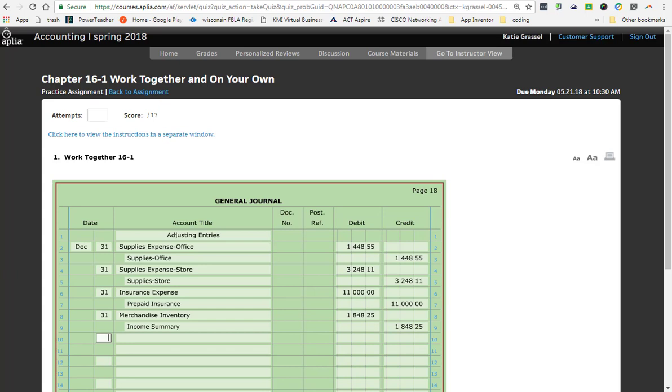So what comes after merchandise inventory? Allowance for uncollectibles, right? So we have the debit is going to be, I forgot what that, uncollectible accounts expense, the date of the 31st.